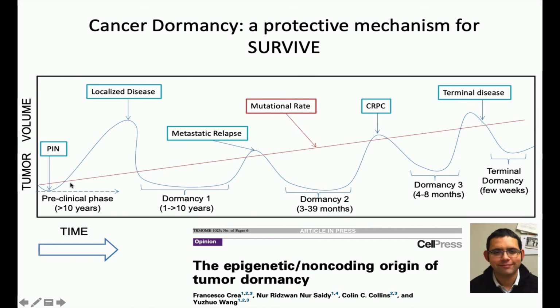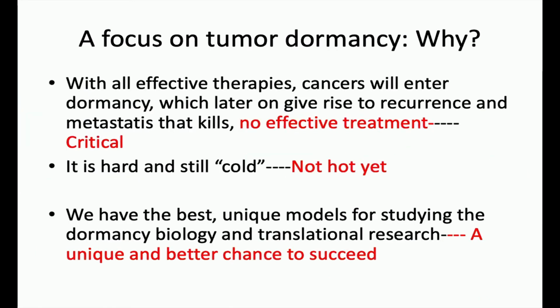He noticed that the more aggressive the cancer, theoretically the more genomic or epigenetic alterations they probably have, and the less dormancy capability they have. That led to a hypothesis that tumor dormancy is a non-genomic disease. Perhaps it's epigenetically regulated.